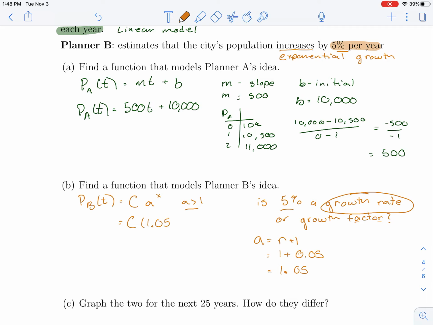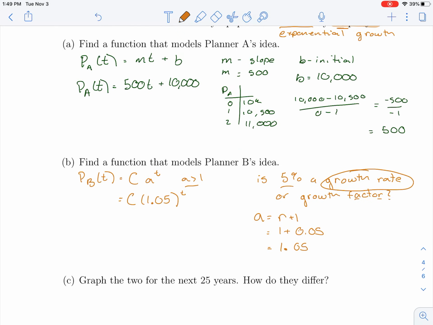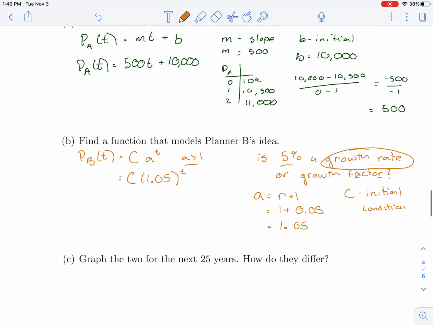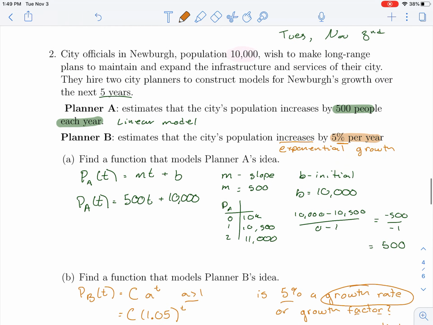So I have C times 1.05. Oh, actually, I don't have an X right here, I have a T. Oh, I was still writing with my eraser. So C, remember, is also our initial condition. So our initial condition is the same for both of them.